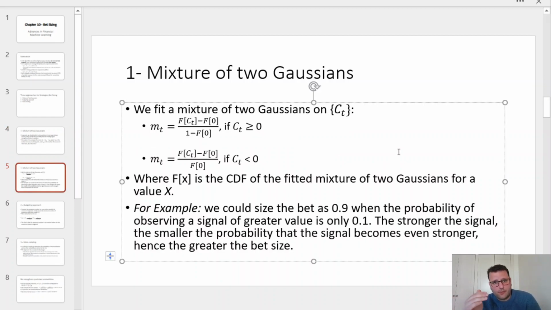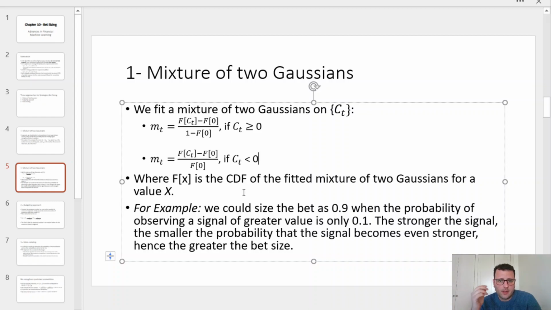So if you have this factor, it will give us the number of concurrent long bets and concurrent short bets. We divide and make this factor. After this step, we can fit the mixture of two Gaussian values.